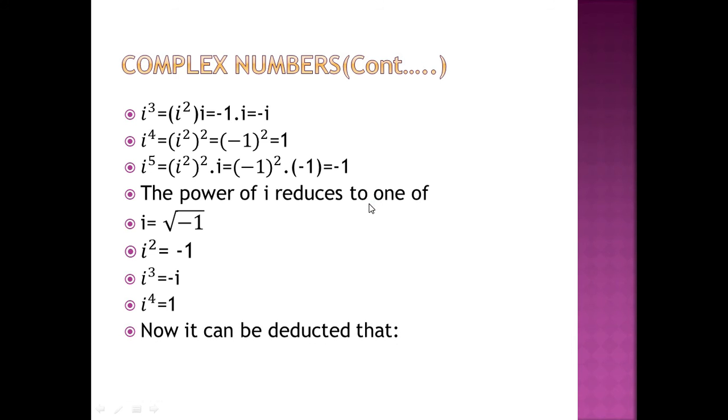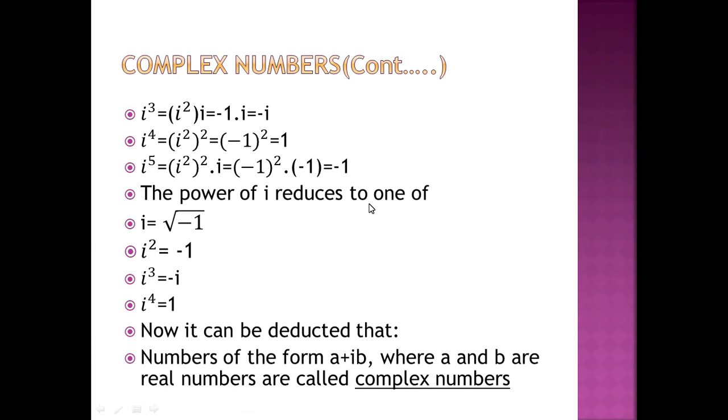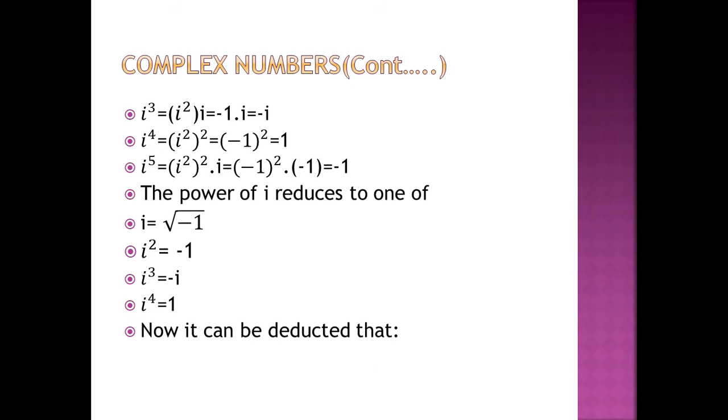Now it can be deduced that numbers of the form a plus ib, where a and b are real numbers, are called complex numbers.